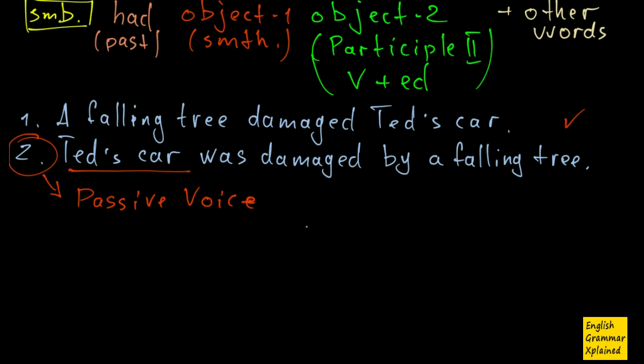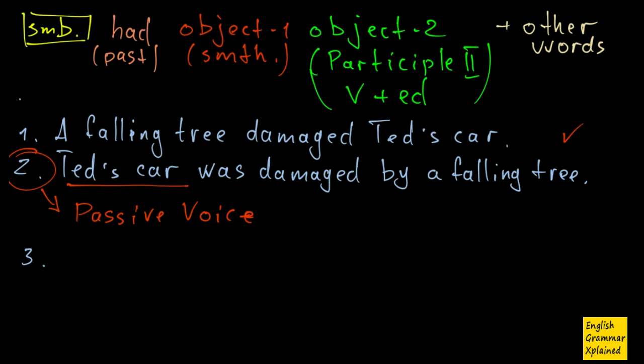What if I don't want to sound like this, very formal, but still I want my sentence to be smart? In this case, I use causative form. And this causative form looks like this. Here I have my theory piece.